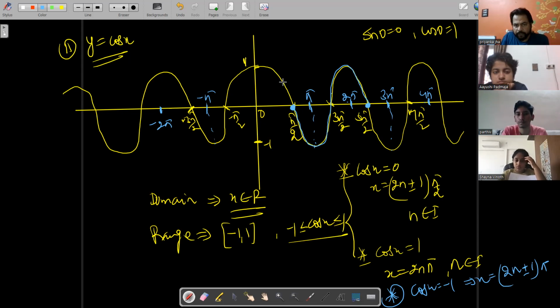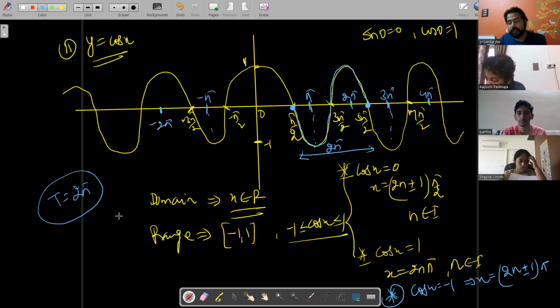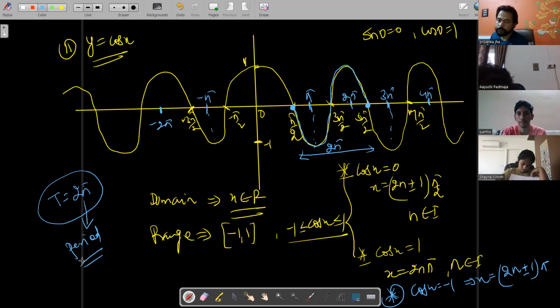So this is the interval, the least positive interval, 2 pi. At this interval, the graph repeats its shape. This is known as the fundamental period, and we denote it by capital T. So cos x is also a periodic function, and its period is 2 pi. I'll prove this in calculus, not here.